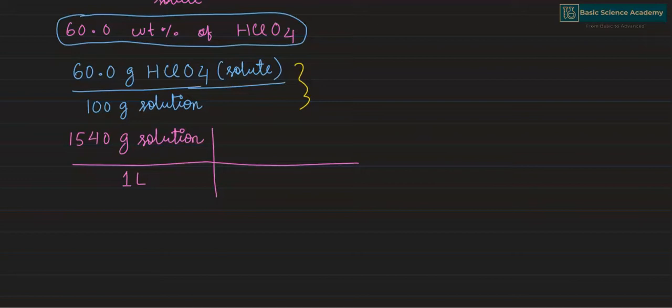We have grams of solution in the numerator, so we have to put 100 gram solution in the denominator, and we have to keep 60 gram HClO4 in the numerator.